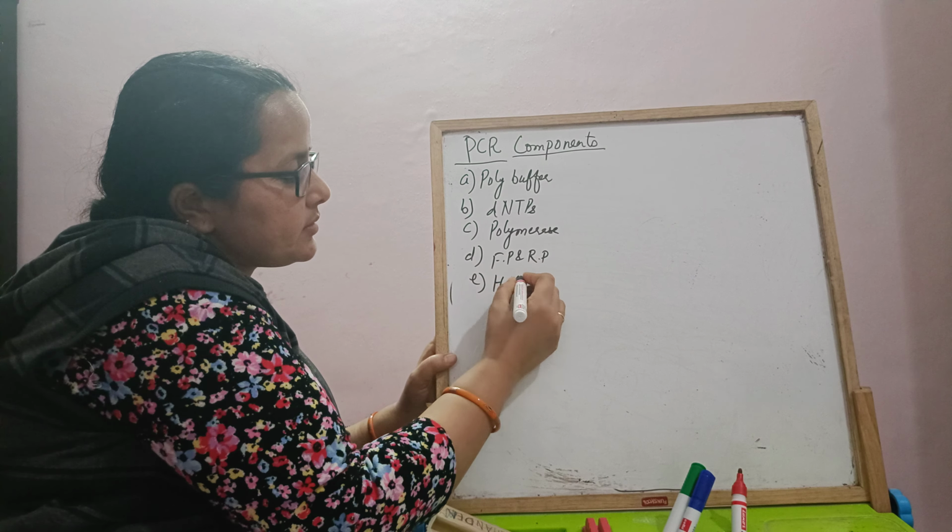Because it provides positively charged potassium ions and negatively charged chloride ions. These ions will surround your template and primer duplex. Because outside the duplex there is negative charge, it will attract the positive potassium ions. So it will enhance the binding of primer with the template.